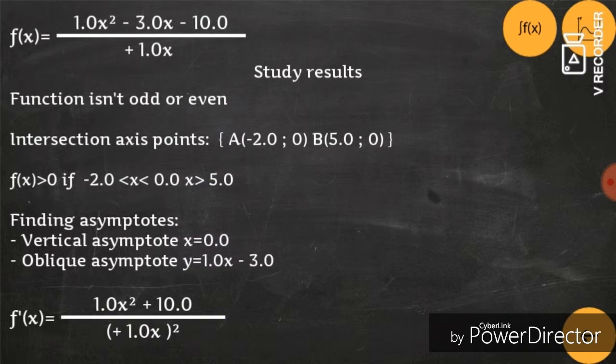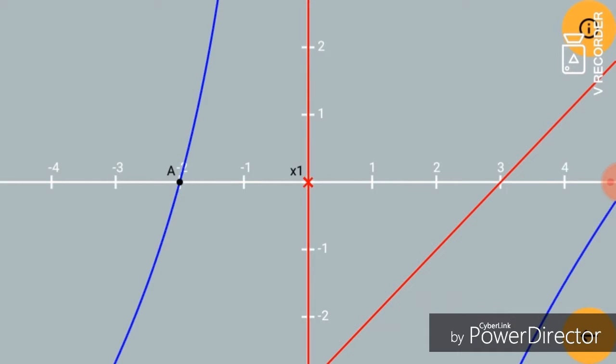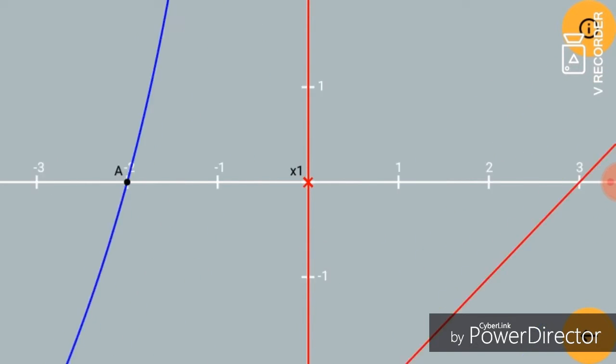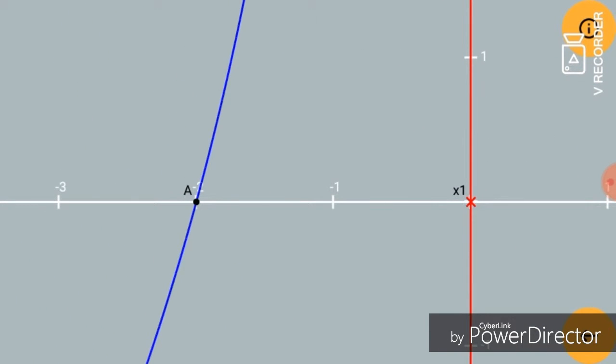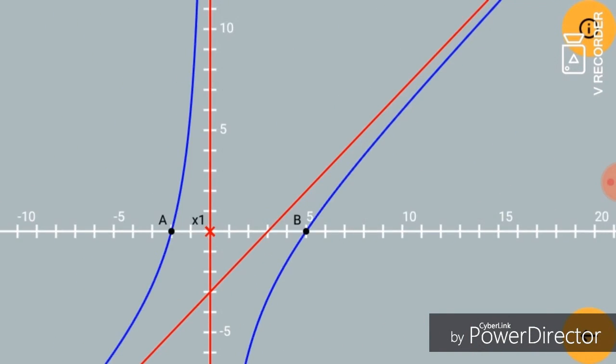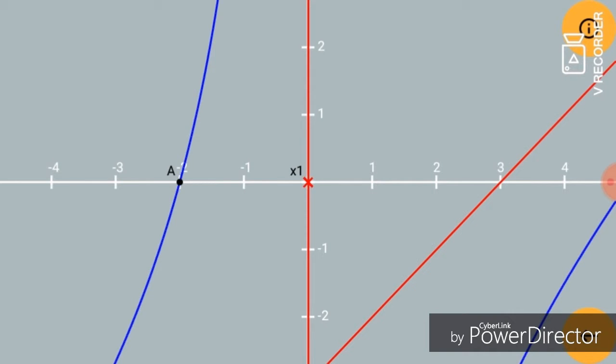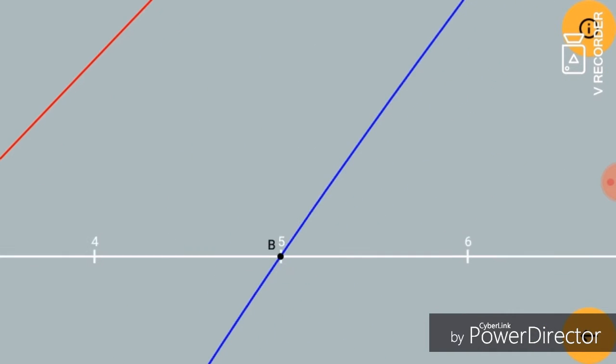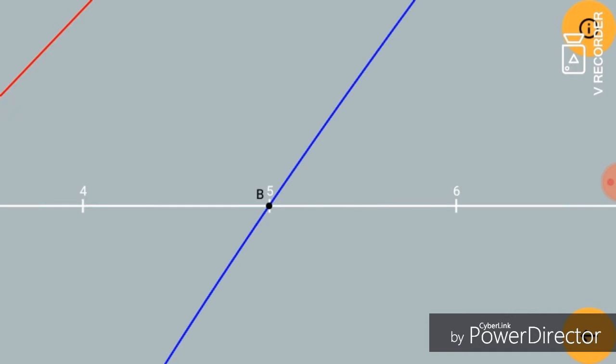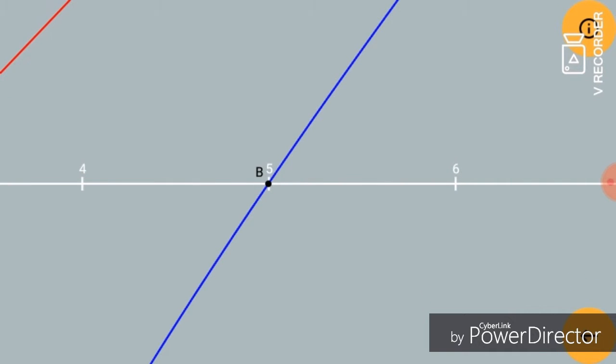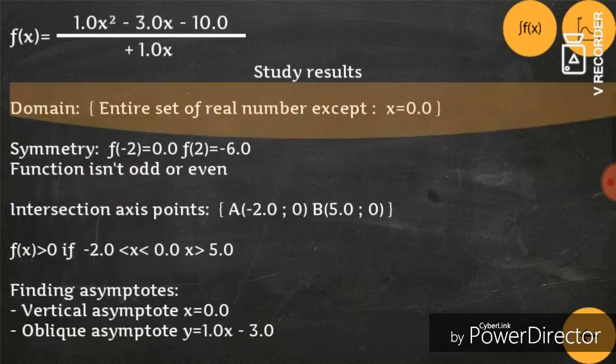Next is the intersection axis points. The intersection x-axis point is (negative 2, 0), denoted by A. Then next is the intersection y-axis point, (5, 0), denoted by B.